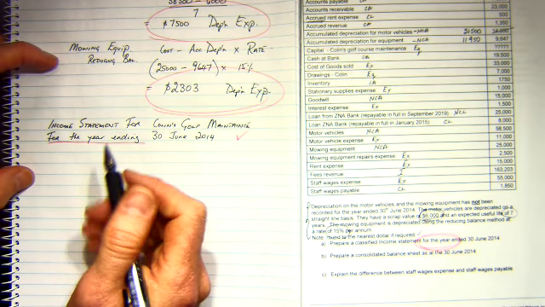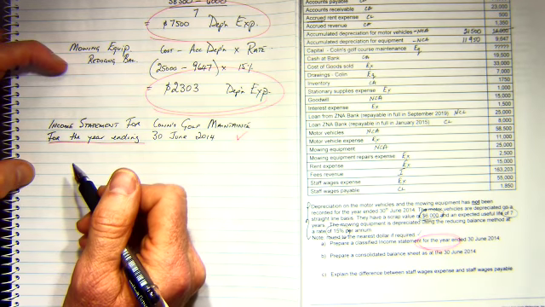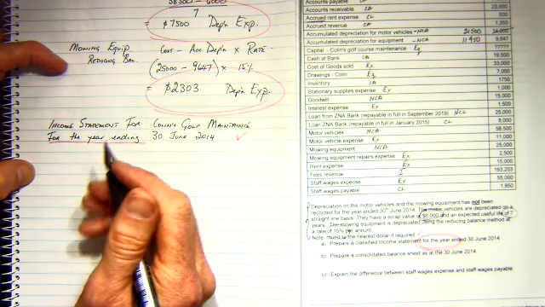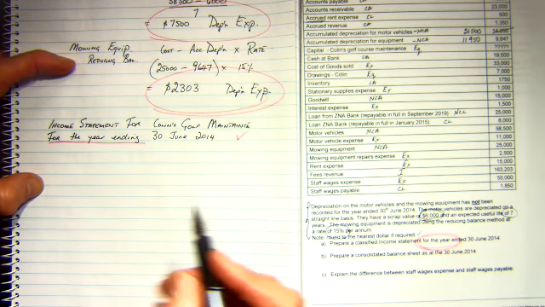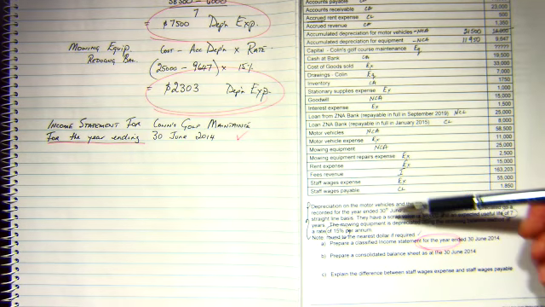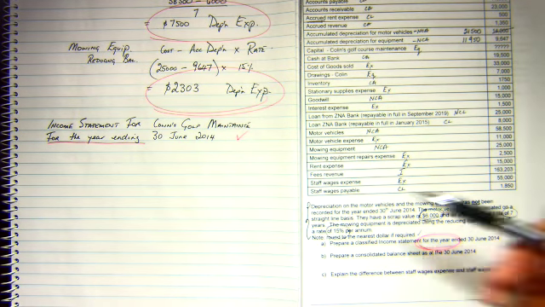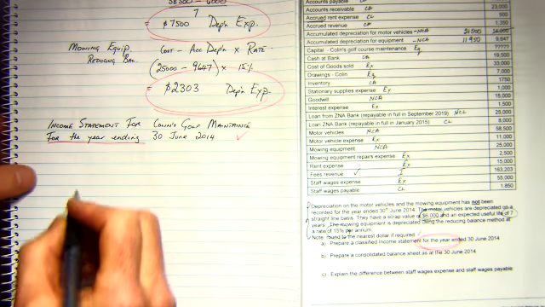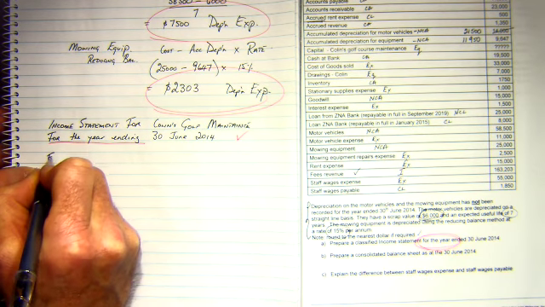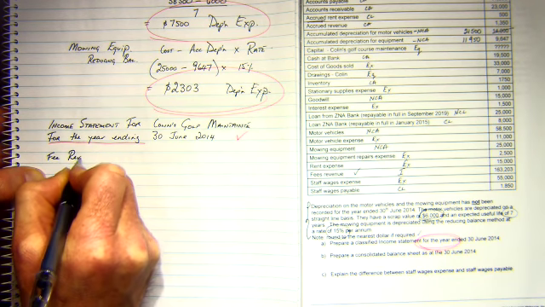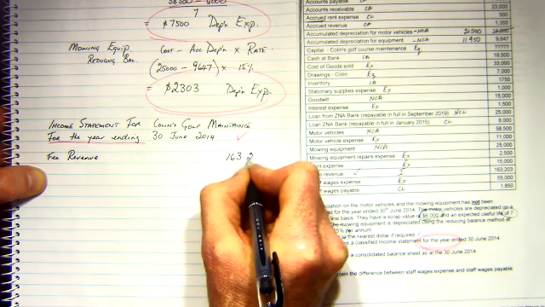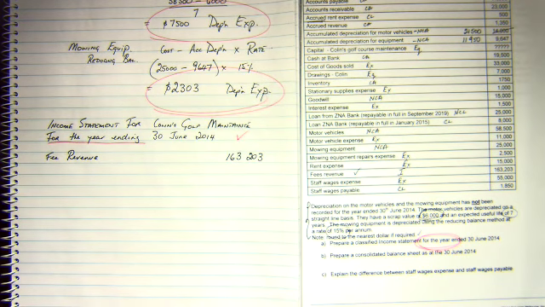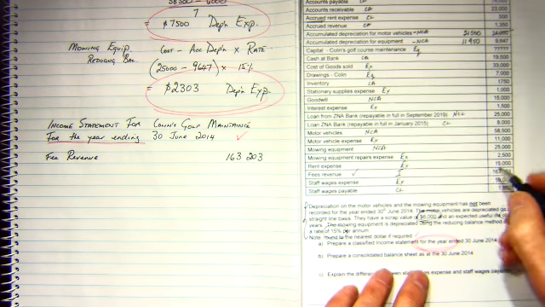Okay, so we've got that now. Once I've done that bit, what's the first part of my income statement that I need to look at? Revenue. So my revenue for the year, where is it? Here it is, fees revenue, and it's for 163,203. Now, do we have any cost of goods sold?